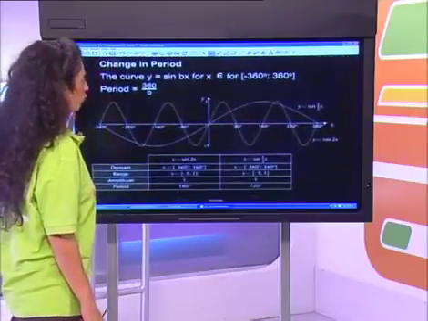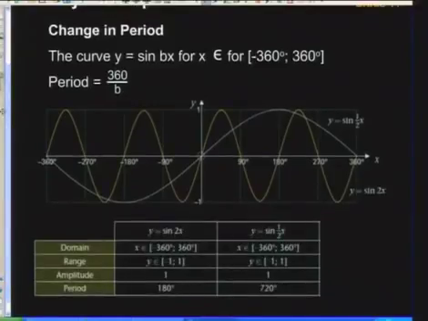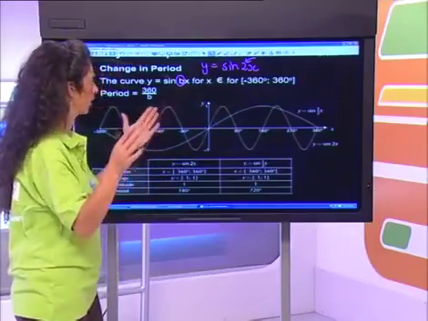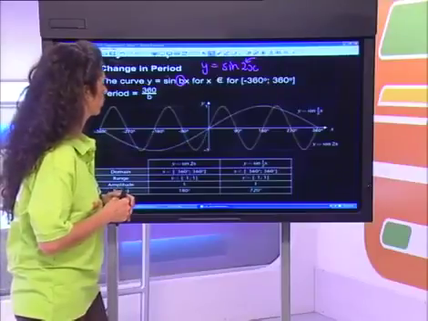If we look at the coefficient of the angle, that very number will impact on how many cycles we're actually going to get. We saw just now that if it was y equals sine 2x, then there are going to be 2 cycles of that parent graph in a period of 360 degrees, or in a distance of 360 degrees.